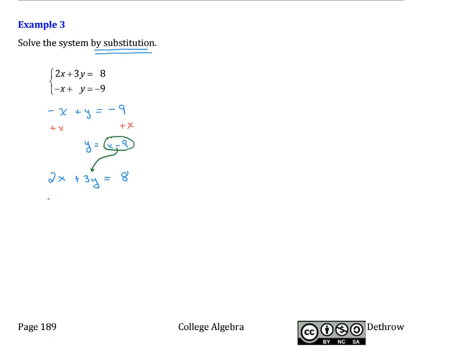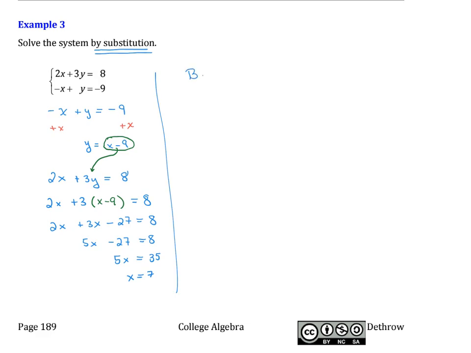So this yields for us 2x plus 3 times x minus 9 equals 8. Notice we are down to a single equation with a single variable. So 2x plus 3x minus, and now we're going to distribute. And so we have 5x minus 27 equals 8. So this means that 5x would equal 35, and so x would equal 7.